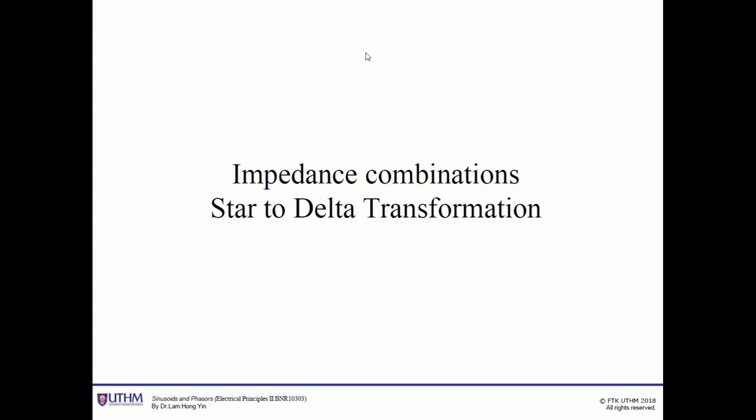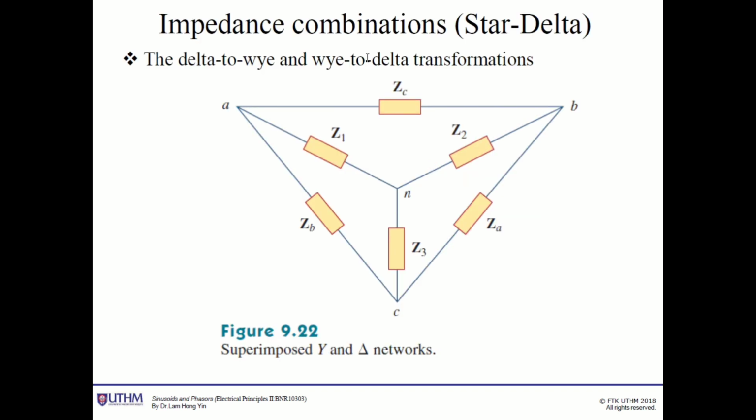So let's look into the star to delta transformation. This is the Y to delta and delta to Y transformation. Y is over here, and delta is the triangle over here.